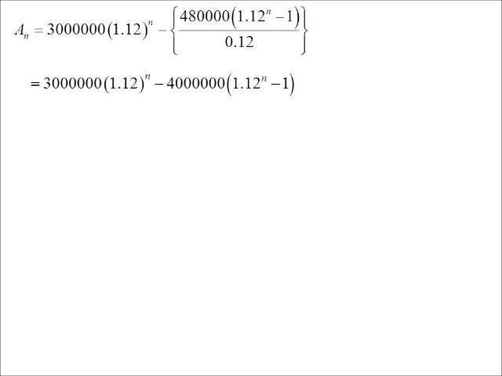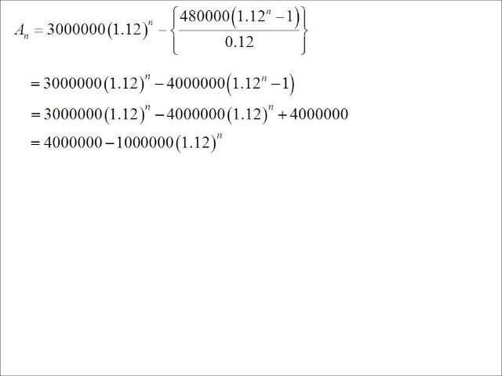So I've got 3 million minus 4 million, and then plus just 4 million at the end. So I've got the 4 million minus a million, factorise out the million, which is of course 10 to the power of 6, and we have the expression that they wanted for amount n.